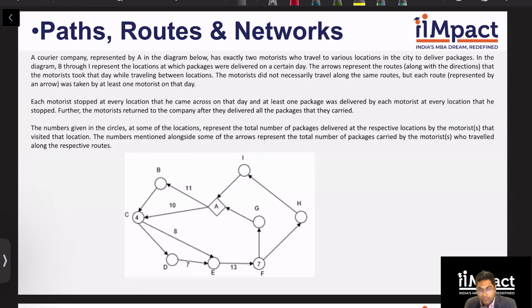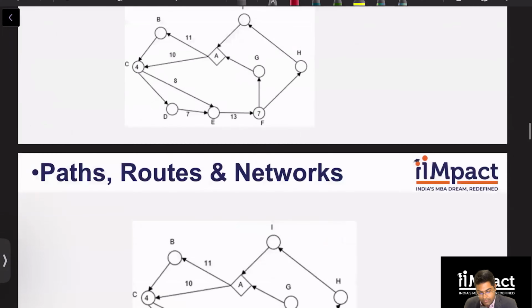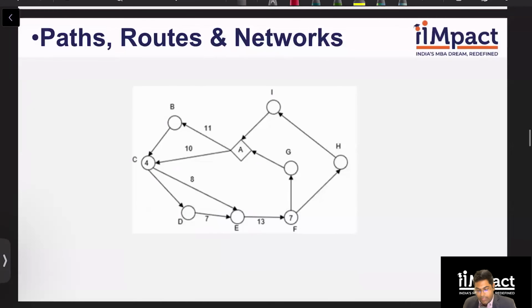And then let's see. All right. So I know the total outflow from A is 21. I don't know what number of packages were delivered at B. Let's call them X. So this will be 11 minus X. Right. And at C they delivered 4 packages, and the outflow was 8. Correct.